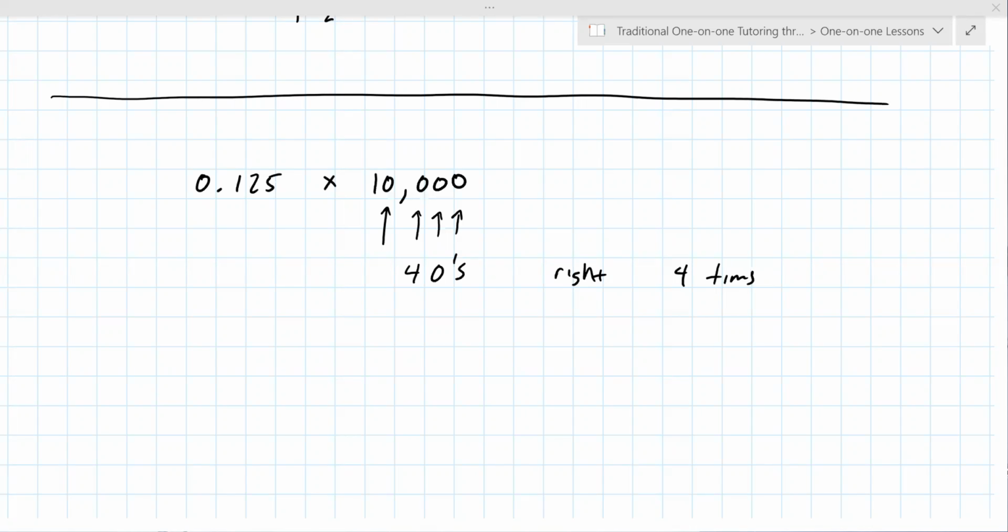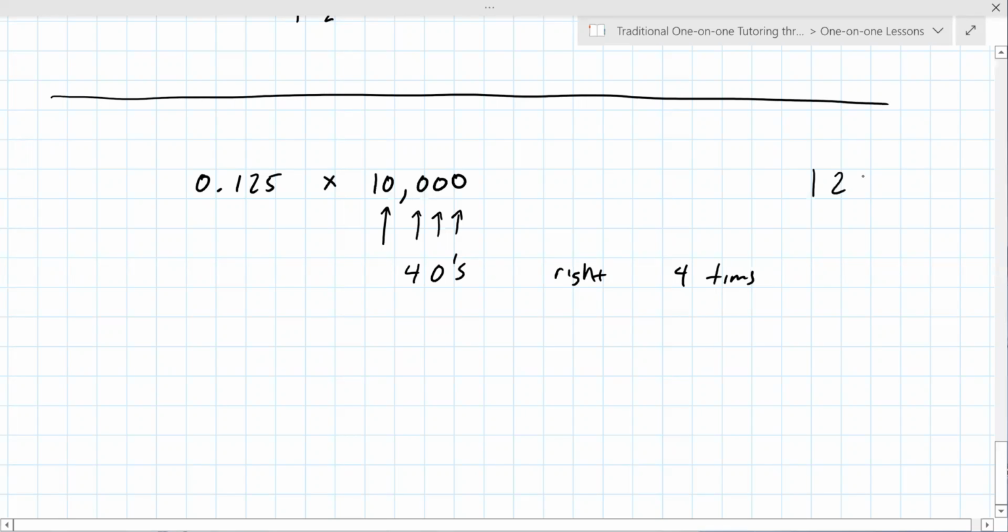Okay, I got it. What is your final answer? 1,250. Are these the numbers you wrote? Yeah, but I put the point between the 1 and the 2.